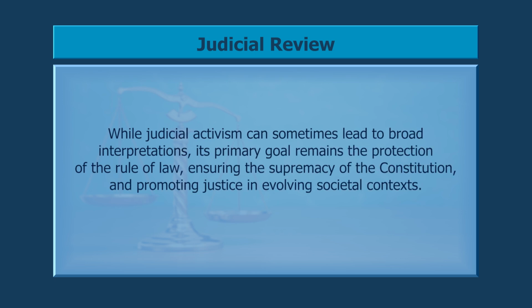While judicial activism can sometimes lead to broad interpretations, its primary goal remains the protection of the rule of law, ensuring the supremacy of the Constitution, and promoting justice in evolving societal contexts.